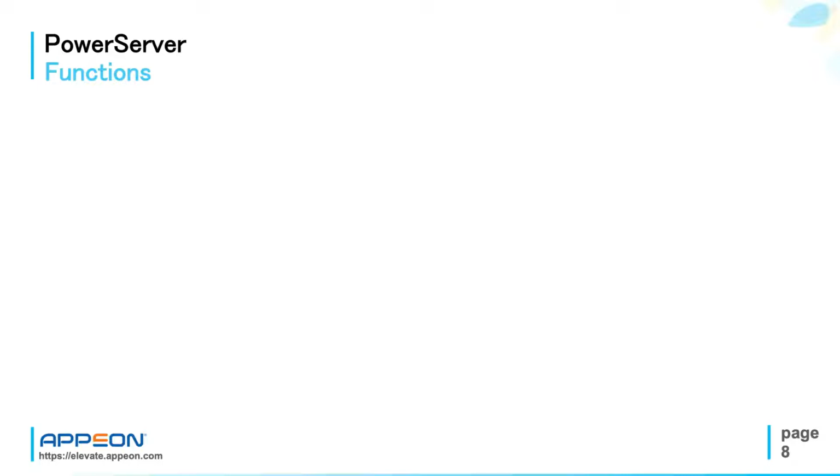Let's go quickly through the list of PowerServer functions. You can find them within the Appeon X_func object.